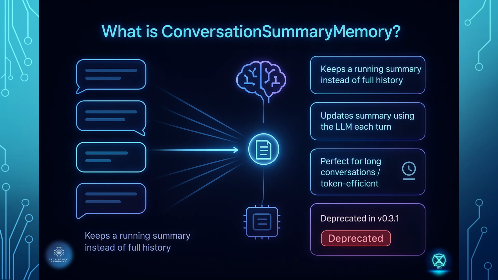Usually we will have like 100 chats or conversations, and it becomes very tedious to maintain those and pass all the context back to the LLM. Instead, we can keep the summary of it. So it is ideal for long conversations or lengthy dialogues where the full history would exceed the token limits.